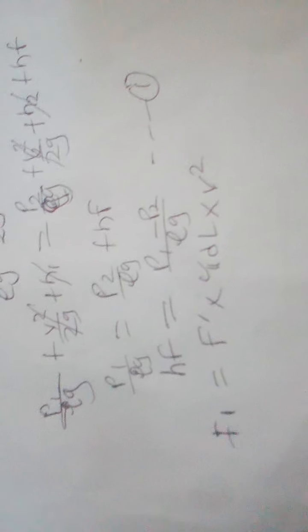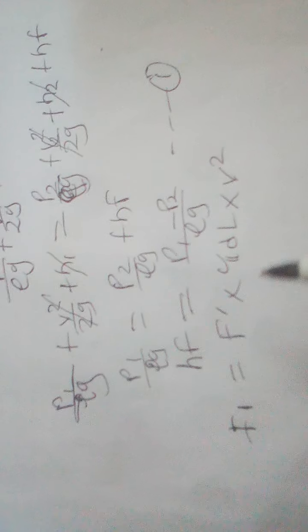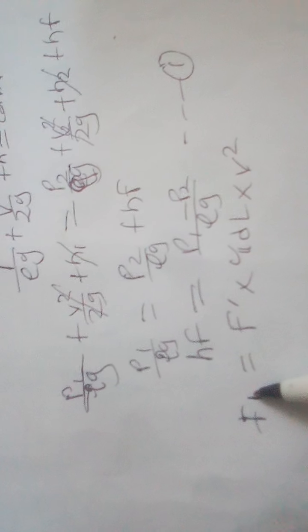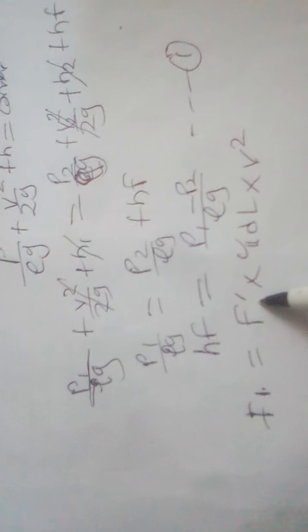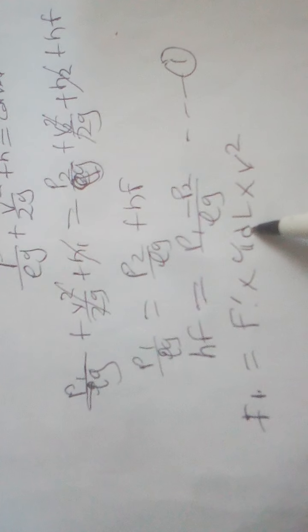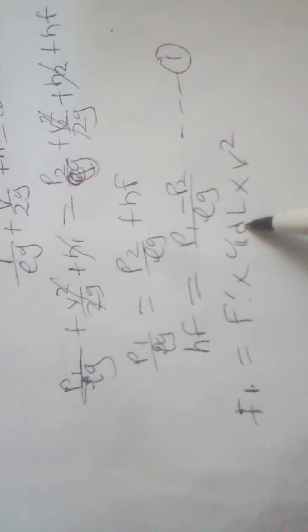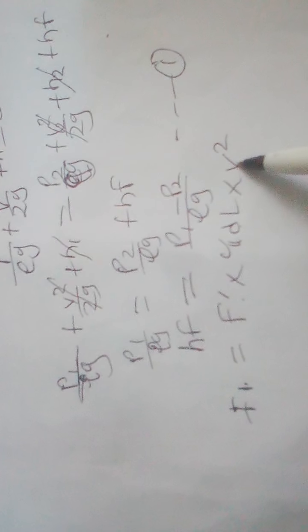This is now pressure. This is the friction resistance, and this is the friction force. This is the area of the wetted surface, and this is velocity.